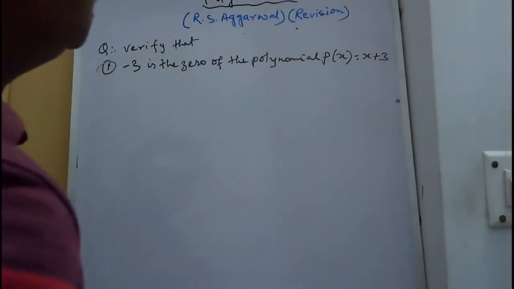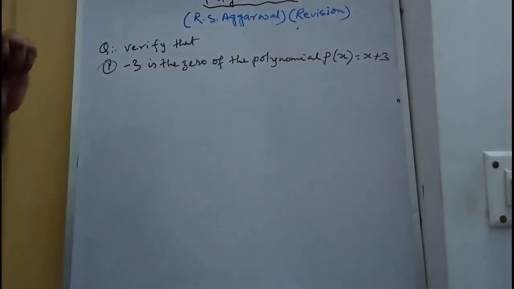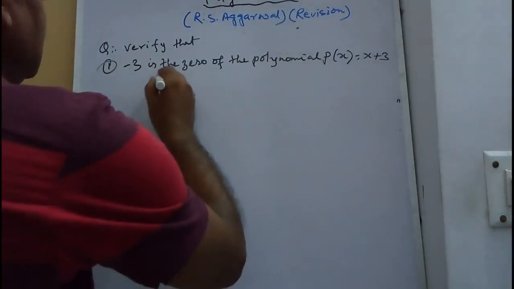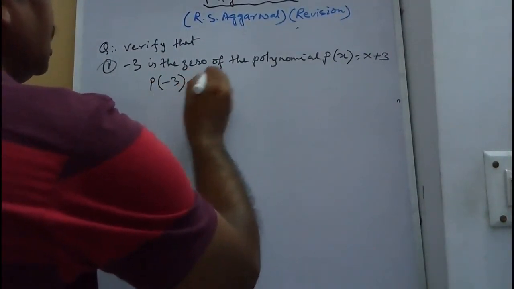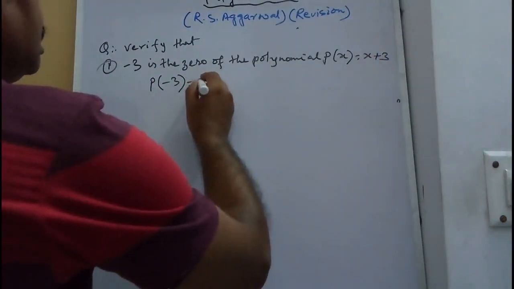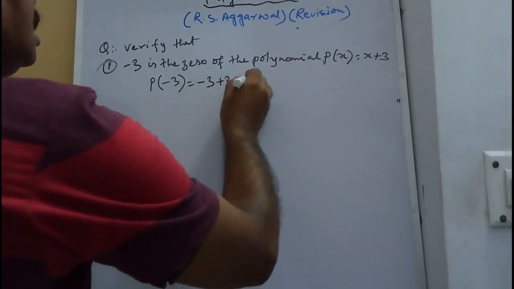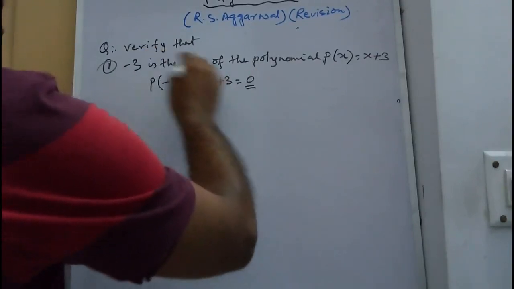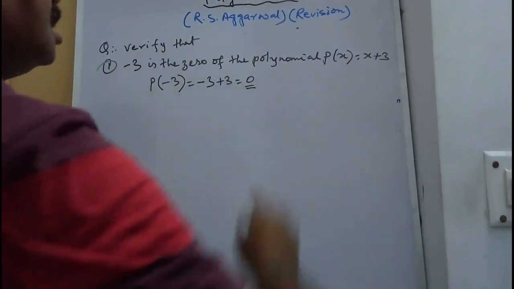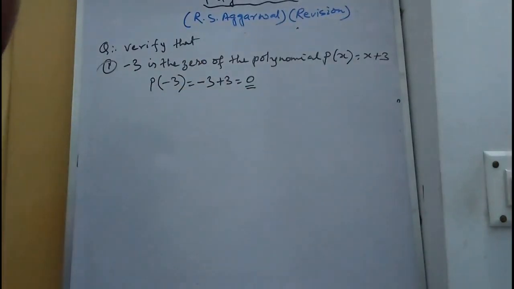So to prove that one, minus 3 is the 0 of the polynomial. So p minus 3, in place of x, write that value. So minus 3 plus 3 becomes 0. Therefore minus 3 is the 0 of the polynomial.